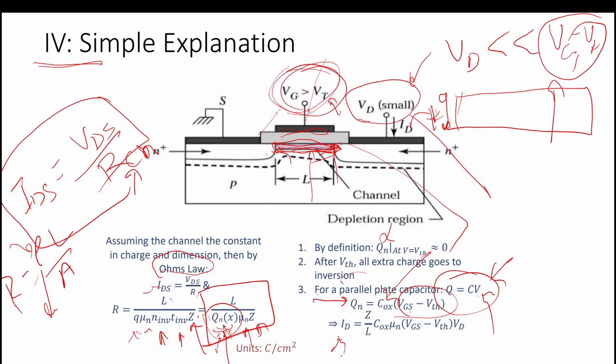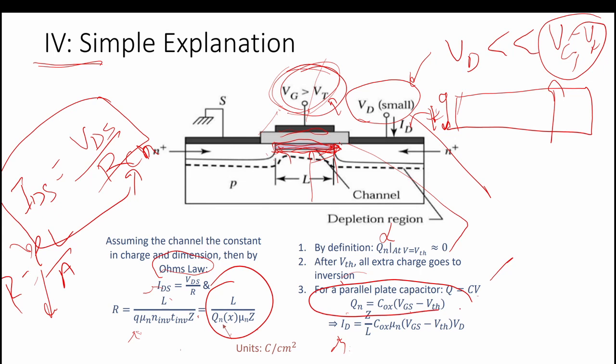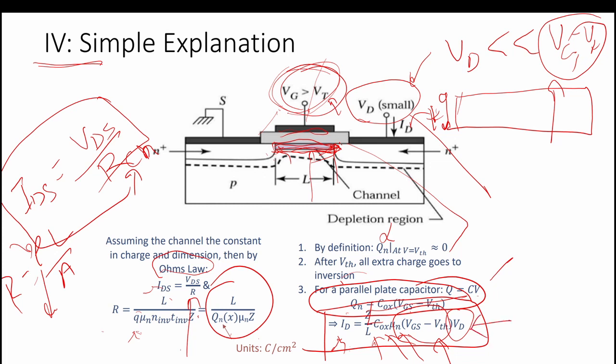Now Id is equal to, now we know the R. From Qnx and these two we can calculate the R. When we put that R here, we come to this equation: Id is equal to G by L, or we can say W by L. Here G is nothing but the channel width, L is the channel length, Cox is the oxide capacitance, mu n is the mobility of the electrons, Vg minus Vth is the gate overdrive, and Vd is the drain voltage that we are applying.